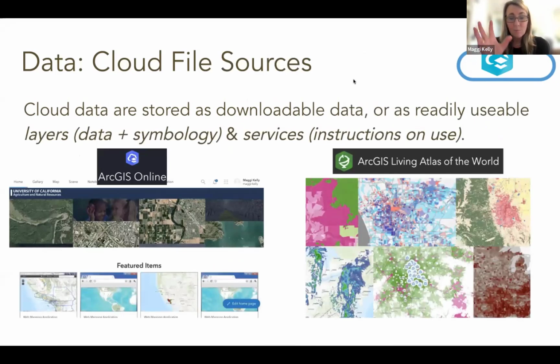The fact that you have these cloud formats means there are so many wonderful places for you to find spatial data. And Esri makes these extremely easy. We're going to do a little bit of this in the workshop. There are two great sources for finding spatial data for this afternoon, as well as later on in your work.